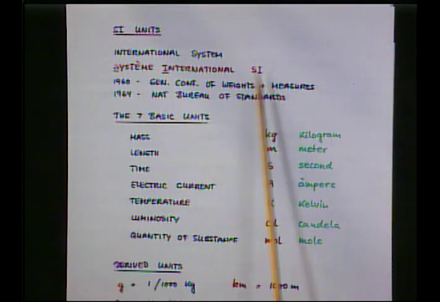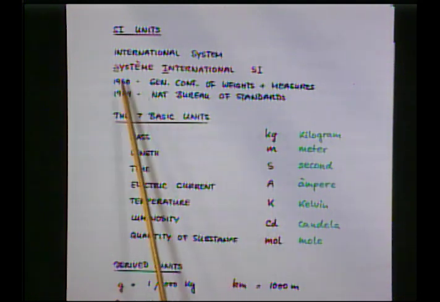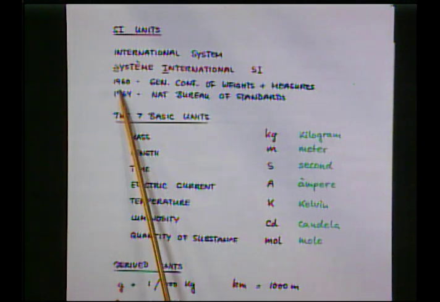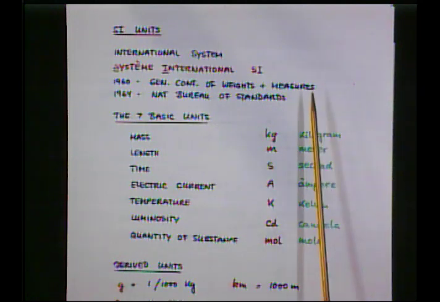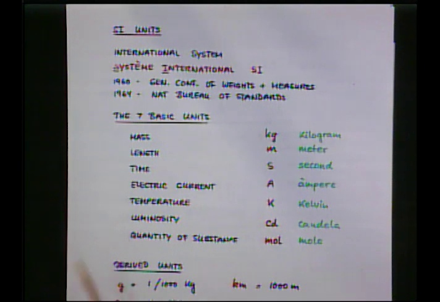That's where the SI comes from, the International System of Units and Measures. It was not that long ago, really. In 1960, the General Conference of Weights and Measures met and decided to make a universal system of units, and in 1964 it was adopted by the National Bureau of Standards.